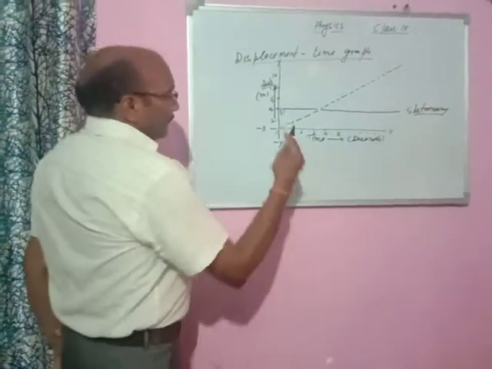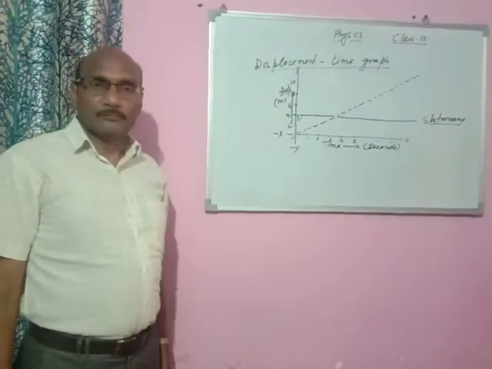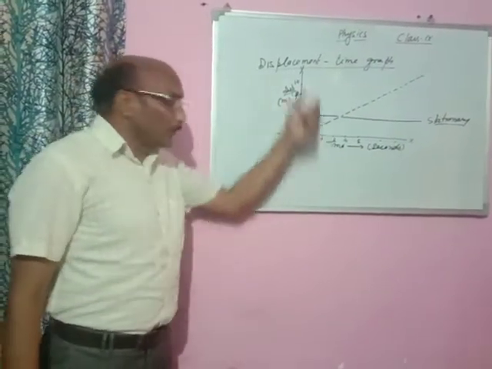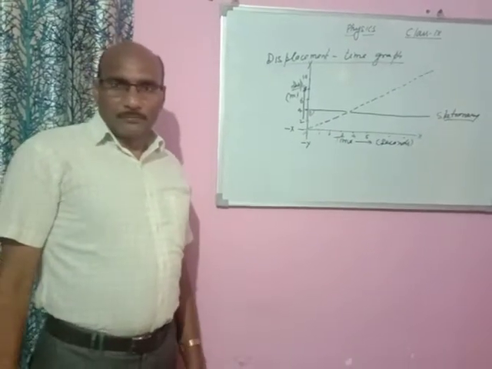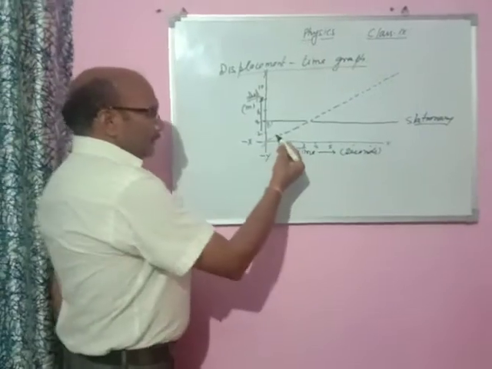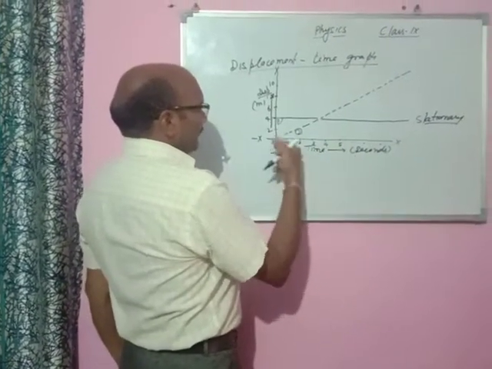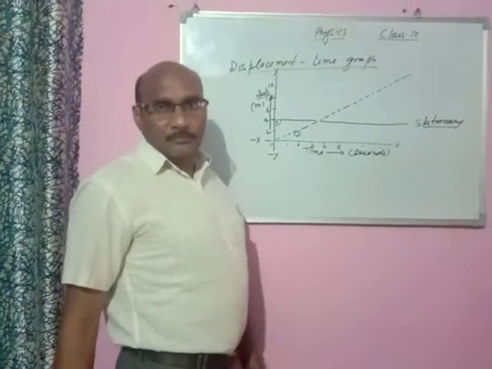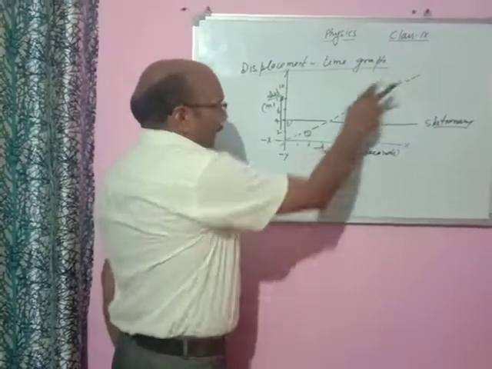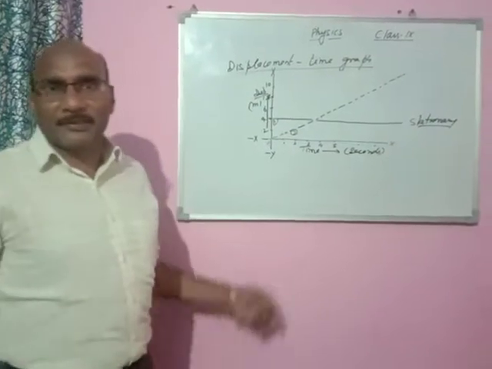It means time is changing and displacement is also changing. This graph, graph number 2, is showing that time is changing and displacement is also changing, and this is a straight line. It means change in displacement is uniform.